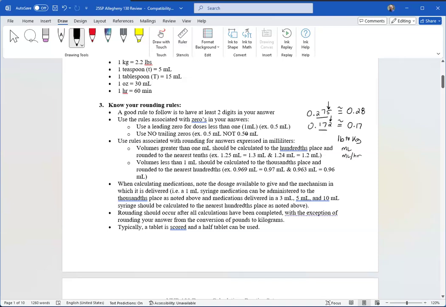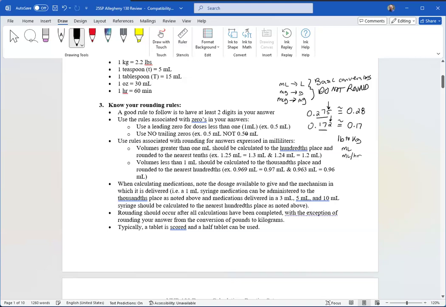But if you're doing just a standard, metric to metric conversion, so let's say I'm just converting milliliters to liters or milligrams to grams or micrograms to milligrams, or vice versa, any of those basic conversions, do not round.